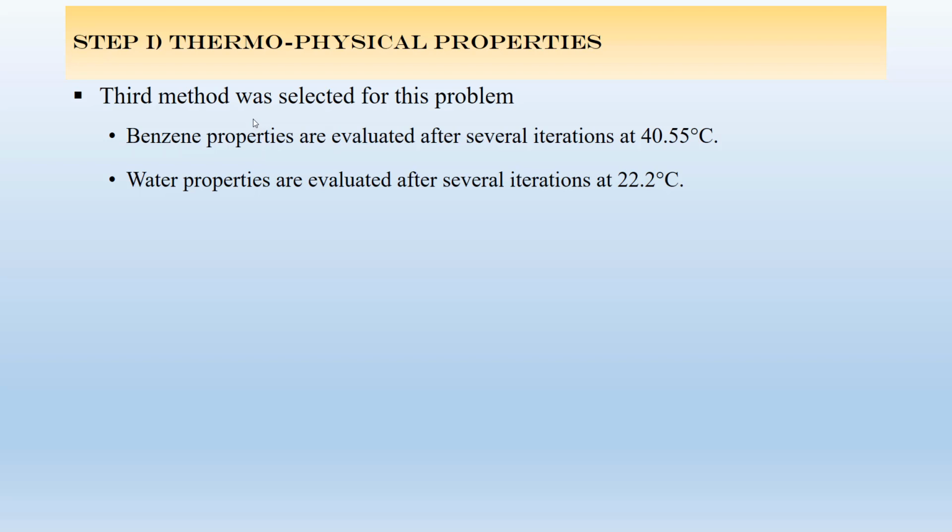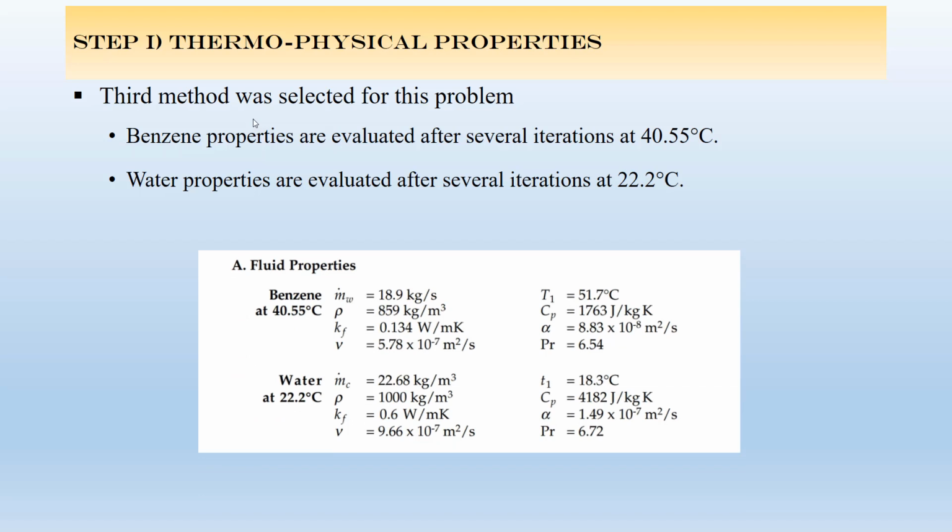Again, guys, you can use any of those three methods to find the thermophysical properties. But what you need to do is check this assumption in the last step after you found the exit temperature, to make sure that your assumption was valid. Okay. So based on this average temperature, you can find the thermophysical properties for benzene and water at this temperature.